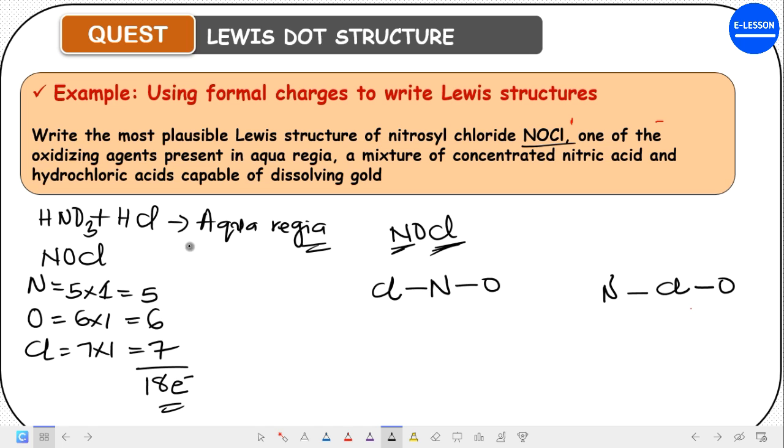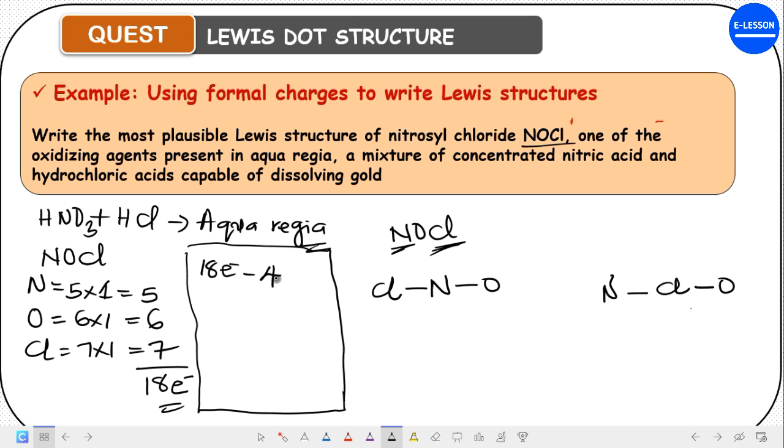Total number of electrons is 18, minus the bonds here, which is 2. 2 times 2 is 4. You should not be asking me where I got the other 2 I multiplied by, because every bond has 2 electrons. So 4 electrons, making this a total of 14 electrons left.